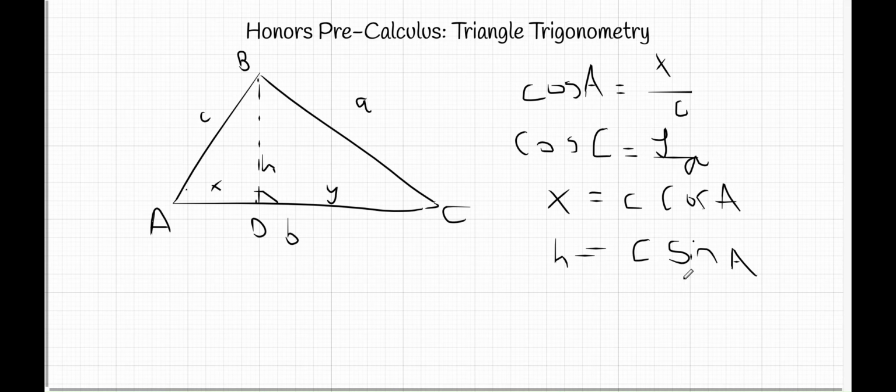So now what do we do from here? Well, we can use the Pythagorean theorem, x squared plus h squared, or we can find the length of y. So instead of doing y is equal to a cosine C, we can do y is equal to b minus x, because x plus y is b, and we get b minus c cosine A.